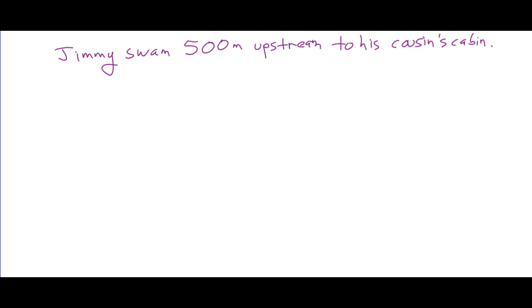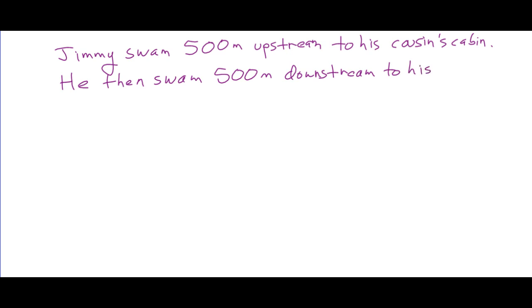Unfortunately, Jimmy can't swim. He drowned, and then the question ended right there. Wait, how many people came to the funeral? No. No, this is actual. There's going to be some math in here. He then swam 500 meters downstream to his own cabin.